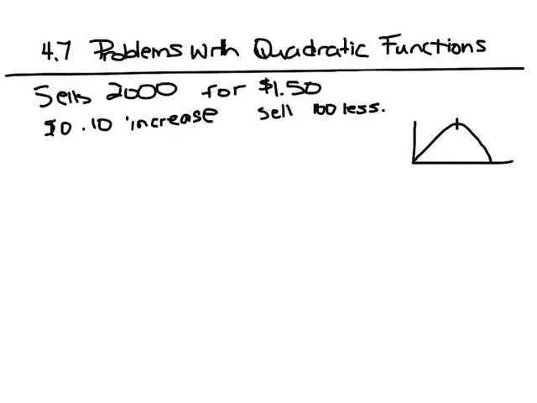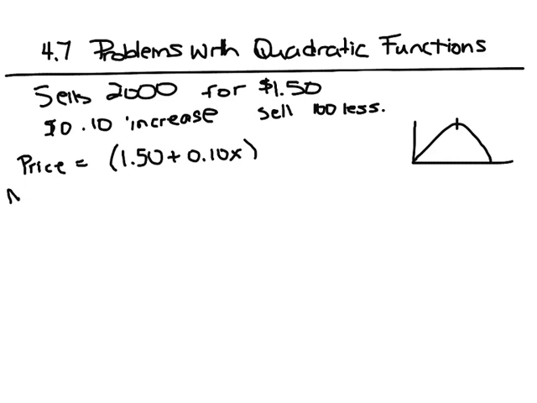So the first thing is to make two equations. So the equation for the price would be $1.50 plus 0.10, a 10-cent increase for every however many increases there are.